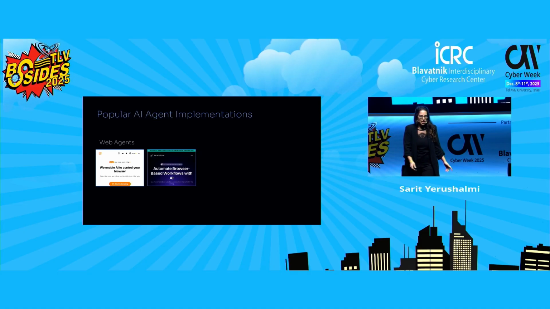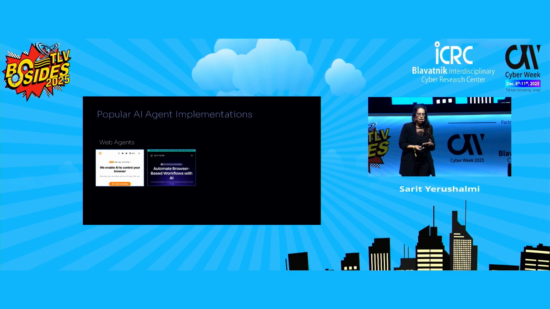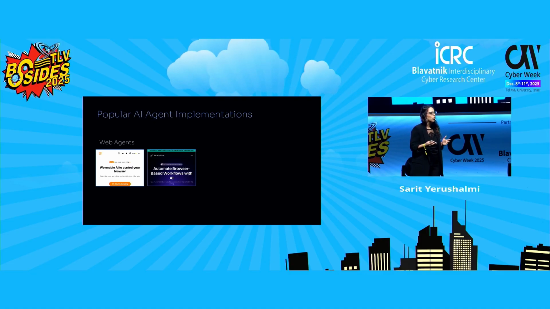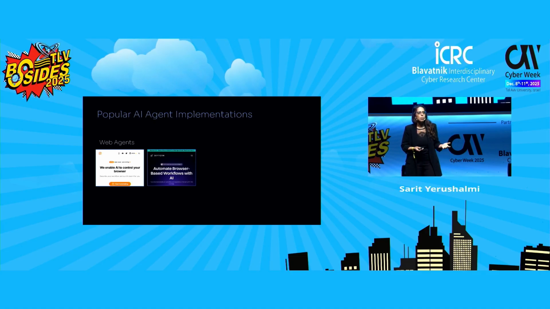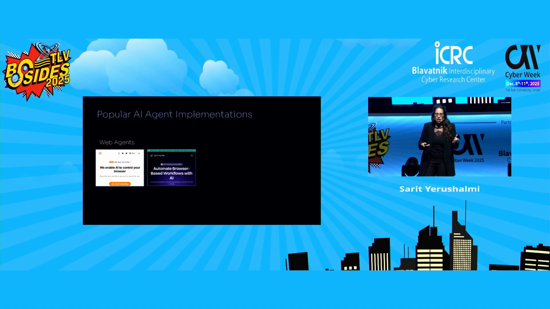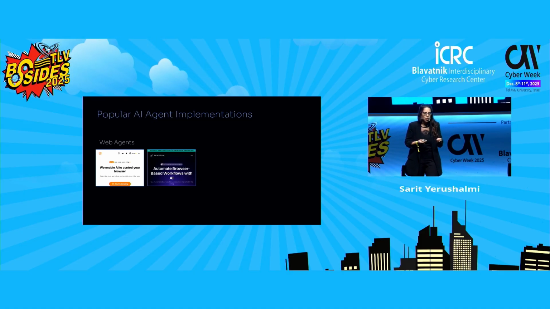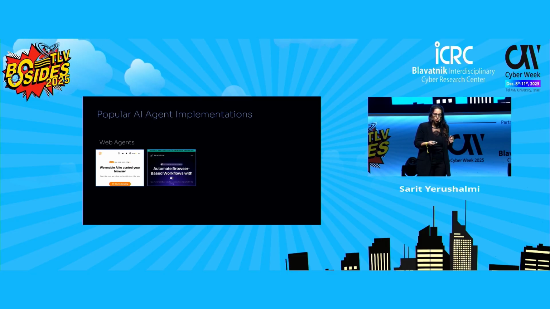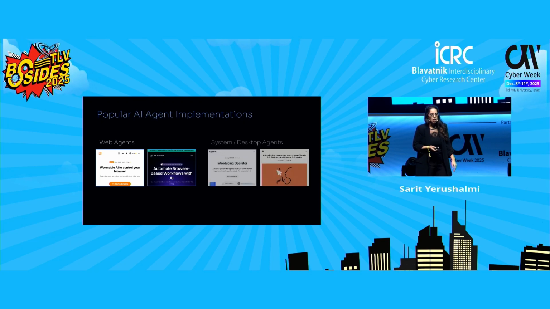Web agents include tools like browser use and Skyvern, which let the LLM control the entire browser directly. They can navigate pages, click on buttons, do scrolling, extract data, basically automating everything inside a browser like a human would. And we'll see several examples of this in a second.